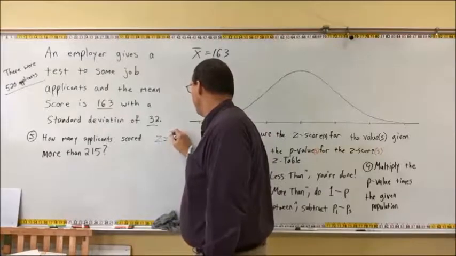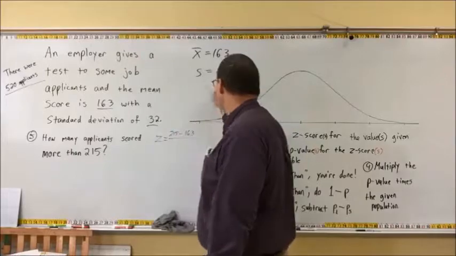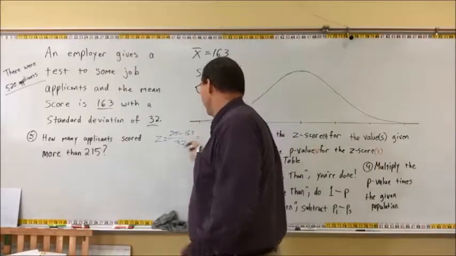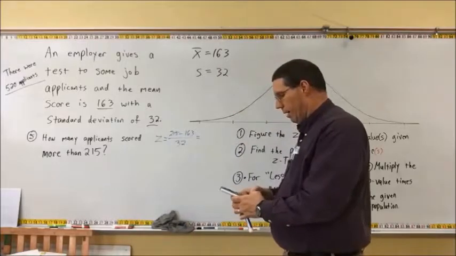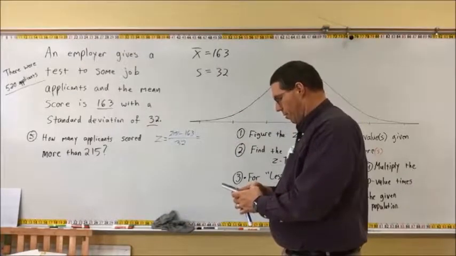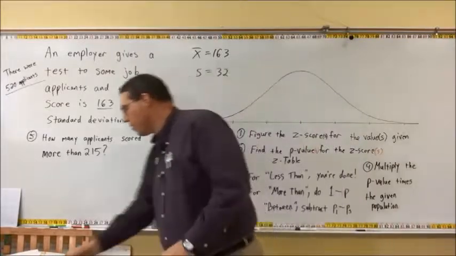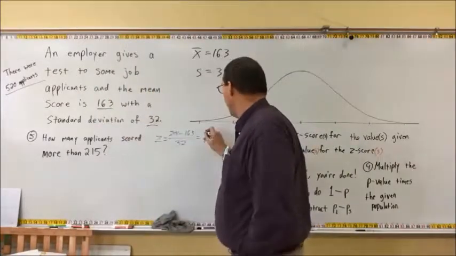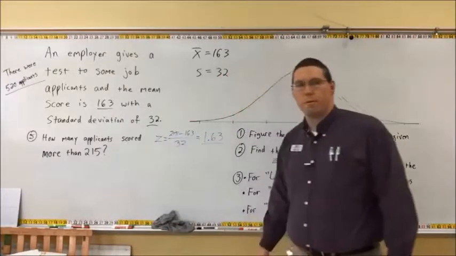Z is equal to 215 minus 163 divided by the standard deviation of 32. We want a calculator to do that. 215 minus 163 divided by 32 gives us 1.625, which I'm going to round to 1.63. Okay, so there's our z-score, 1.63.